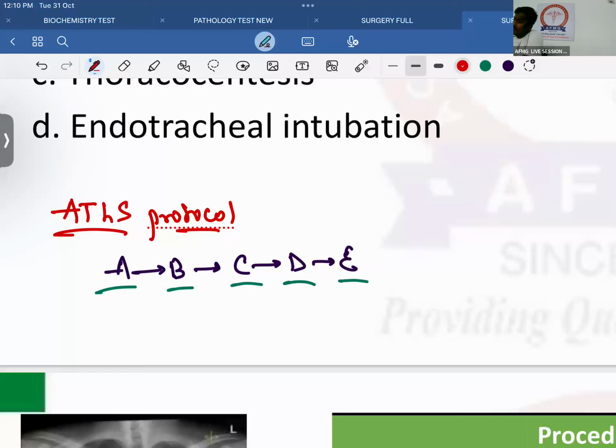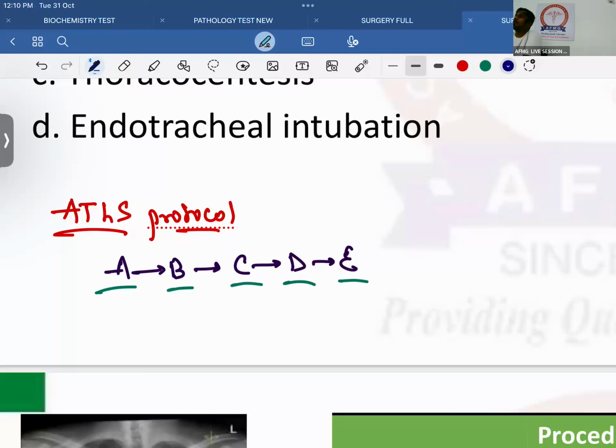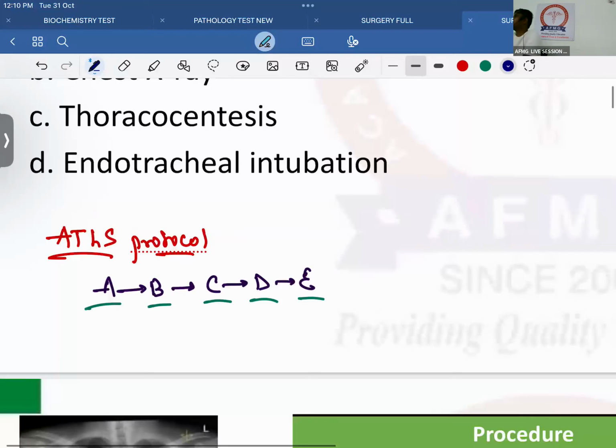Then the CAB sequence is followed under BLS, that is basic life support, or the advanced cardiac life support protocol. In the ACLS or BLS protocol, the first priority is given to circulation and therefore the sequence is CAB. There you will immediately start chest compressions in a patient of cardiac arrest, when the patient is unconscious and unresponsive. So that was about the protocol that we follow.